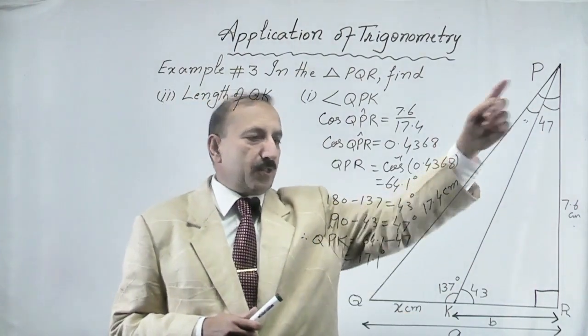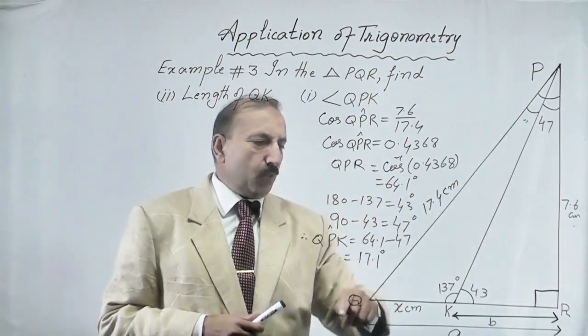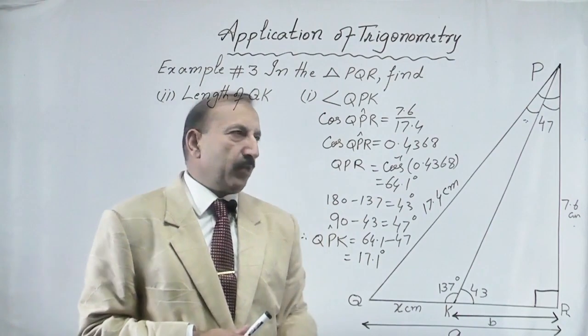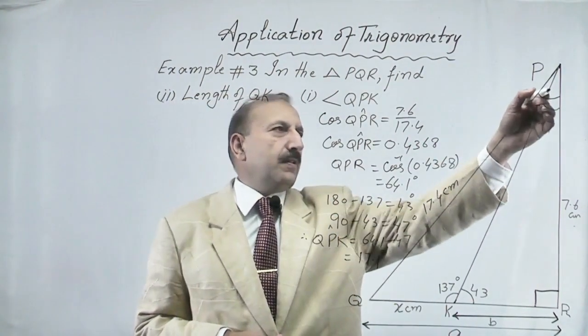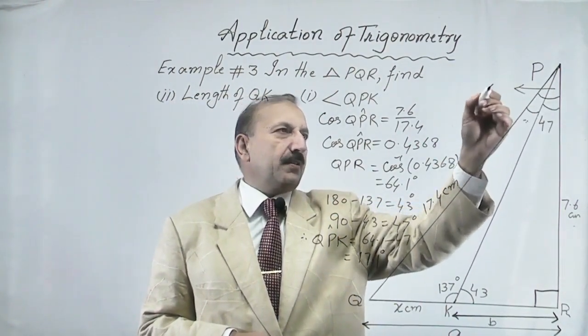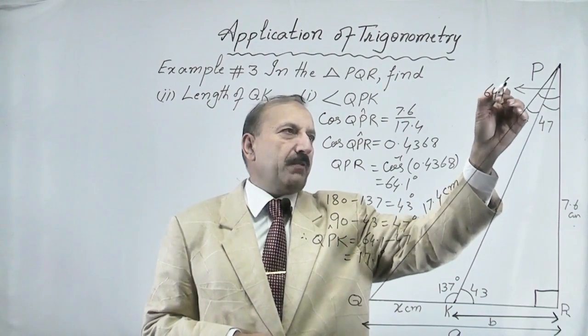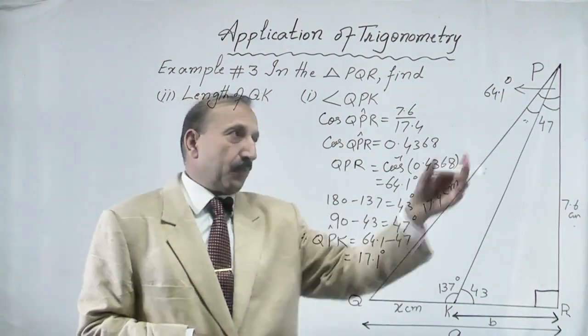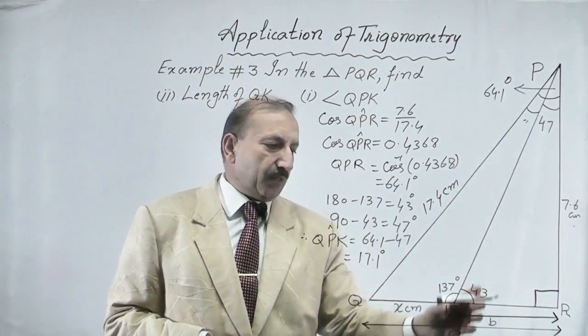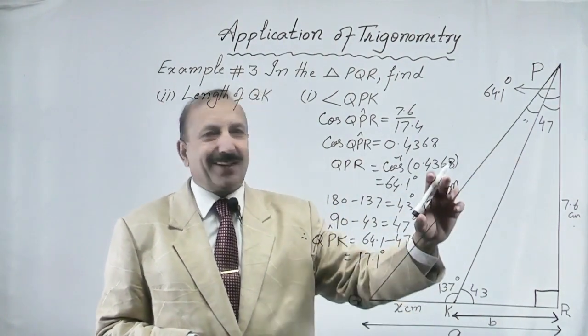In the larger right angle triangle PQR, where one angle we have found, I should mention here, this angle 64.1 degrees we have found. It can help us because according to this angle, this is opposite and this is hypotenuse.